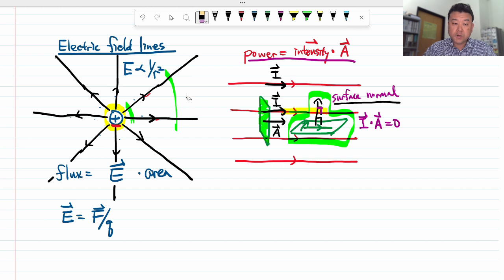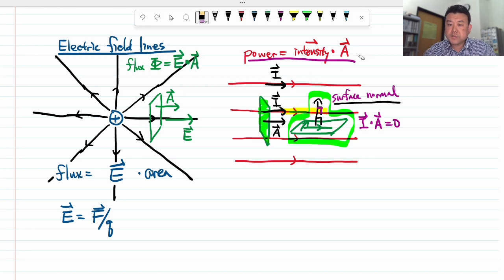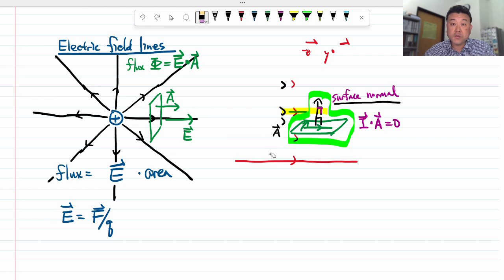So electric flux through a surface is defined similarly as the electric field dot product with the surface vector. Flux Φ is equal to E dot A. Let's practice using this definition of flux with a few simple geometries.